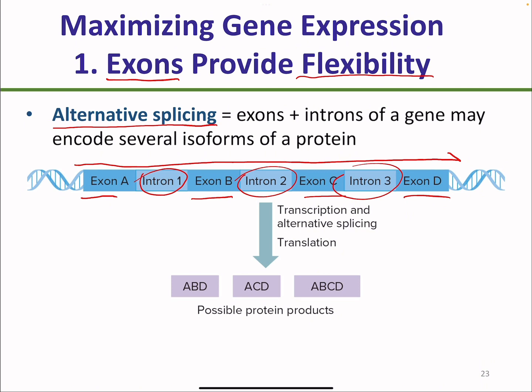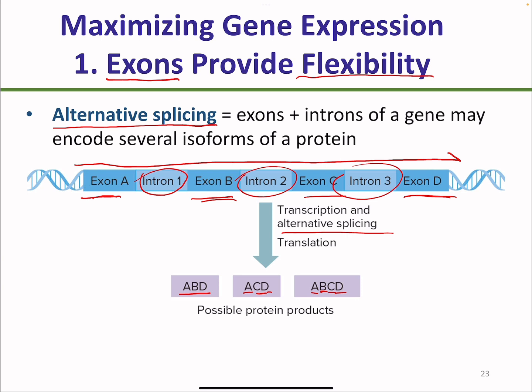That pre-messenger is going to undergo alternative splicing. That alternative splicing is going to produce mature messenger RNA that can be made up of exons A, B, and D. It can be made up of exons A, C, and D. It can be made up of exons A, B, C, D. At the end of the day, all these proteins are different.